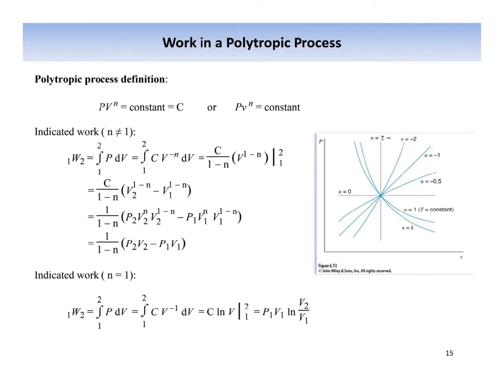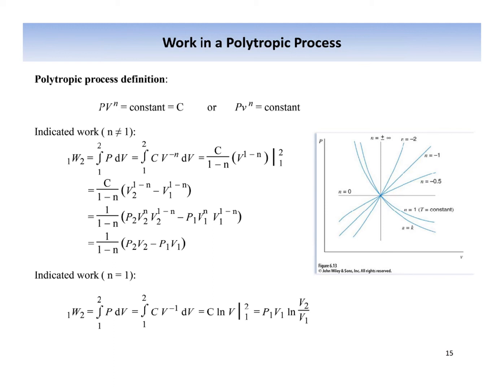Here we introduce a process named the polytropic process. It is an entirely artificial process, and as I already said, you can compute everything even if you don't know anything about the polytropic process. We just introduced the polytropic process to make our calculations easier. So what is a polytropic process?